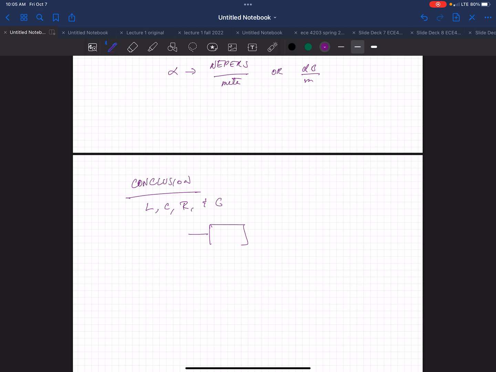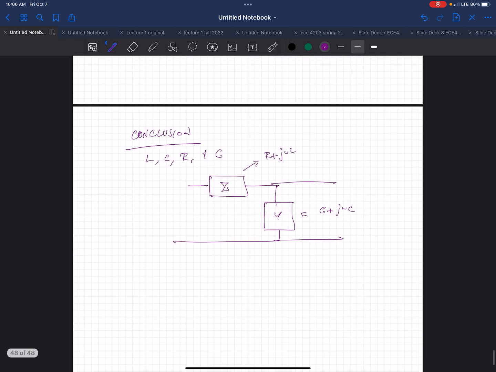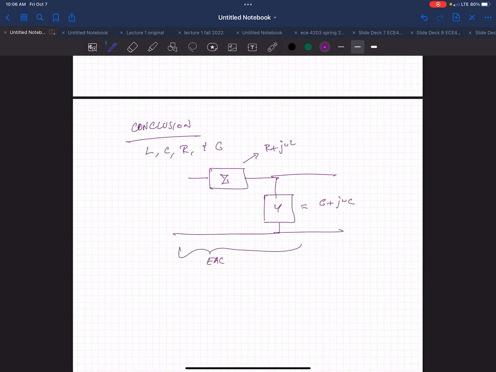And in that general case, each section of the transmission line will have an impedance Z and an admittance Y. By the way, Y, which is 1 over the impedance, is called the admittance. On purpose, I didn't add that to your grief, but maybe you remember that. The admittance is going to be G plus j omega C, and the impedance is going to be R plus j omega L. So this is each section of the transmission line.